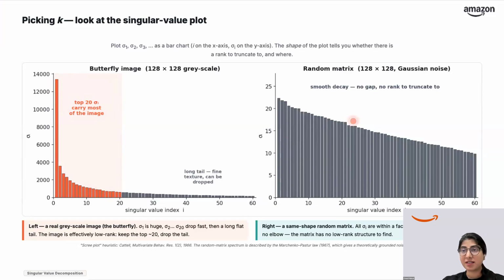While if the matrix is random or has Gaussian noise, then we cannot have a subset K which contains all the information of this matrix. So for this matrix, we need higher Ks, or most of the information has to be retained to reconstruct it. But for a matrix where there's a structure involved, we can take the top K and represent our image with those top K singular values.